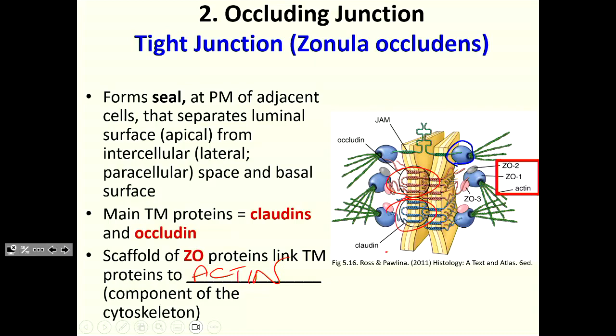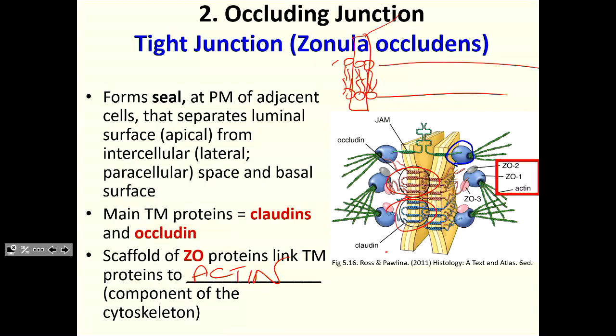But those plasma membrane proteins, so if this is my lipid bilayer, and the rest I'll just draw as a straight line. My tight junction proteins, and I'm sorry I can't use a different color, my tight junction proteins are transmembrane proteins. They're embedded in that lipid bilayer.